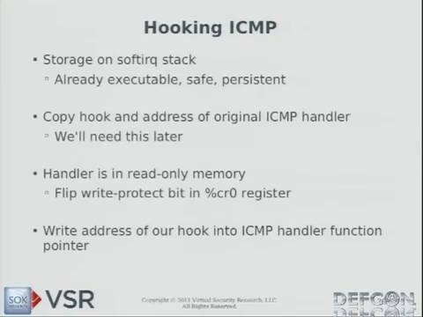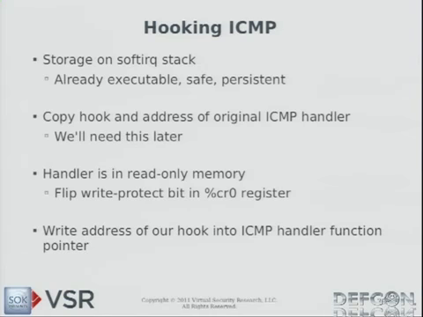So hooking ICMP is pretty straightforward. I decided to use the soft-IRQ stack itself as a place to sort of put stuff just for the exploit, because we've already marked it executable, so it's a good place to put code that we're going to need later. It's persistent. It's not going to go away while the kernel's running. And it's a very safe place, because on Linux, kernel stacks are 8 kilobytes big by default, but the bottom 4 kilobytes is guaranteed to never be written into.